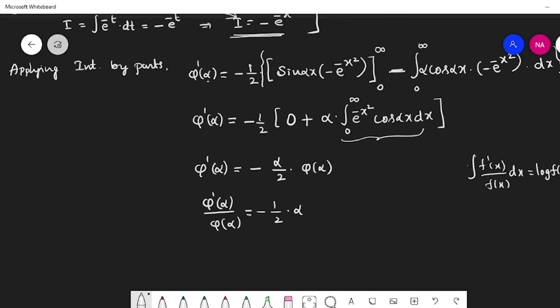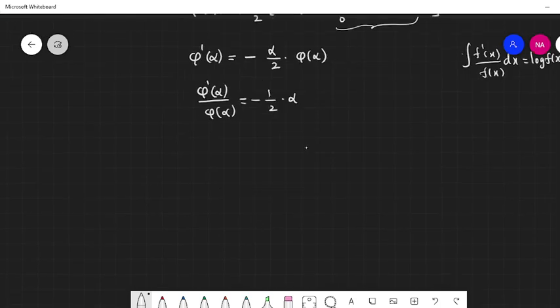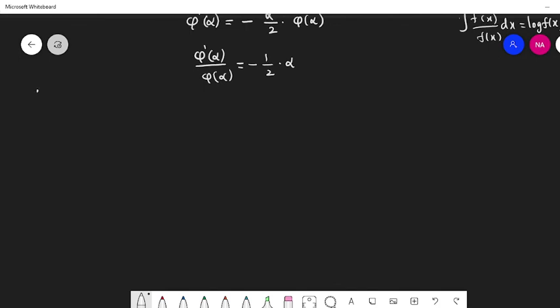So using that result and integrating both the sides, we get log phi of alpha equal to minus 1 by 2 into integral of alpha with respect to alpha. There is only one variable alpha, so obviously we integrate with respect to alpha, plus constant c.